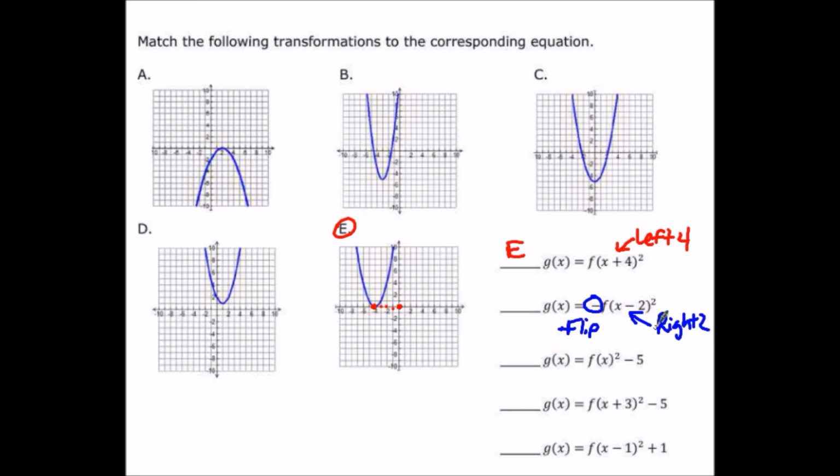Well, if I'm looking at this, the only one that does flip is A. But let's check it. It flips, now it's going down negative, and it went to the right 2, bam. So it's got the negative because it's going down, and it's got the right 2. Therefore, A is my answer here.